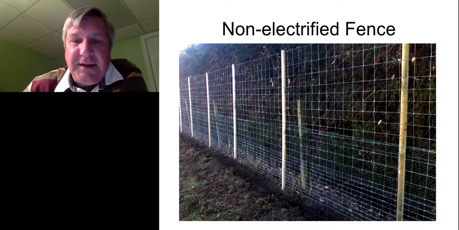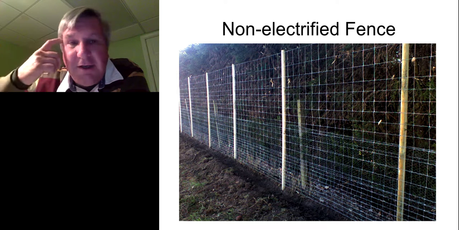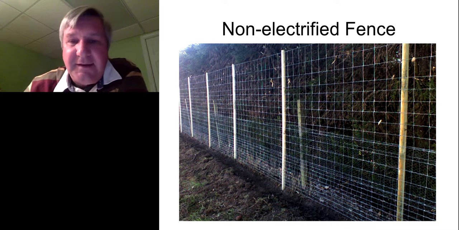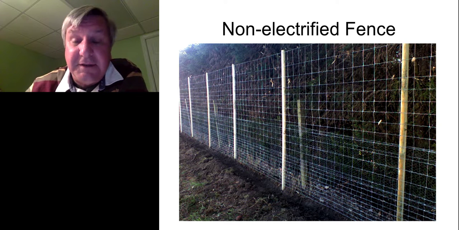So the concept behind a fence inside of a fence is that they don't have to be as tall, but a fence 3 feet inside of another fence messes up a deer's ability to perceive the distance, and that might be sufficient to keep the deer out. And it may be a 4 or 5 foot fence instead of an 8-foot fence. So again, you can play with the designs and the shape and the cost benefit analysis of these things.